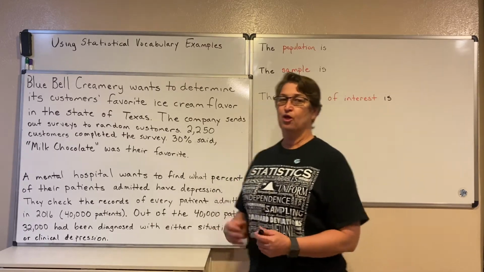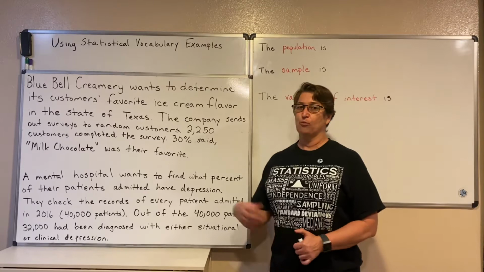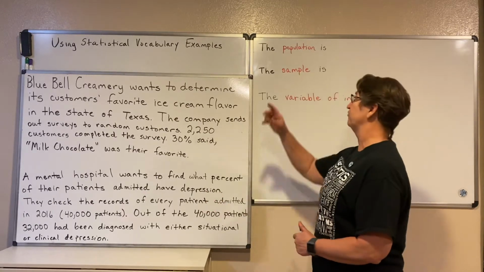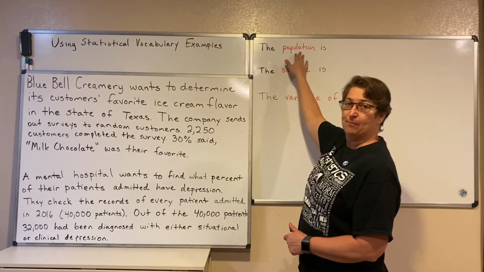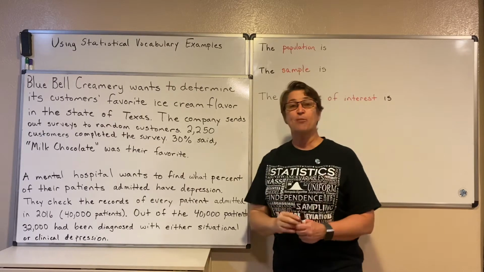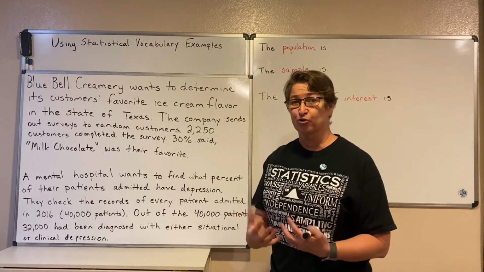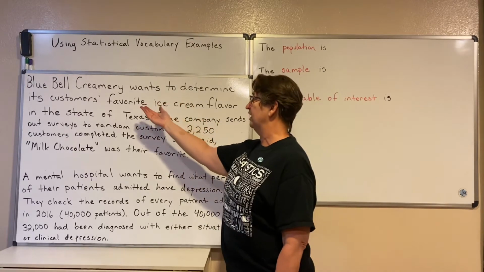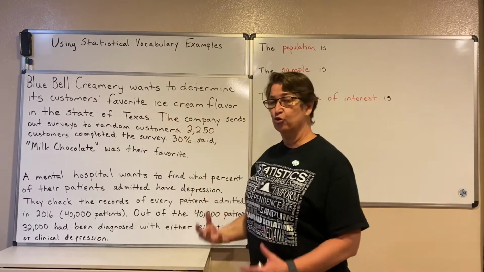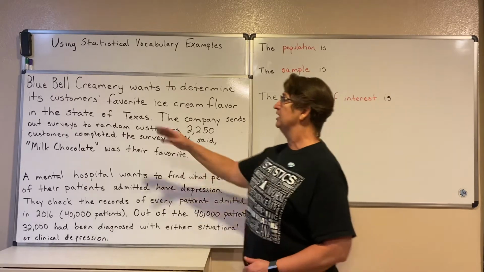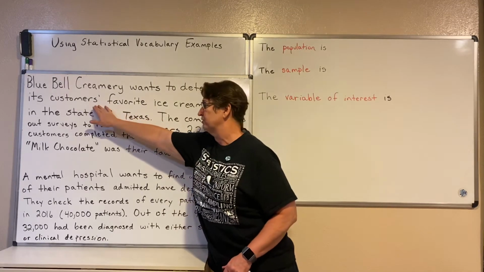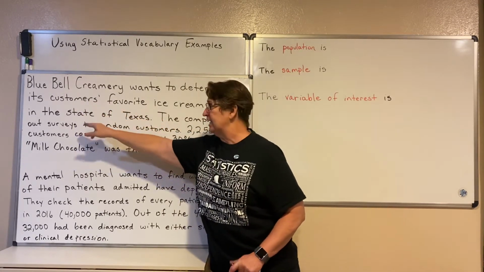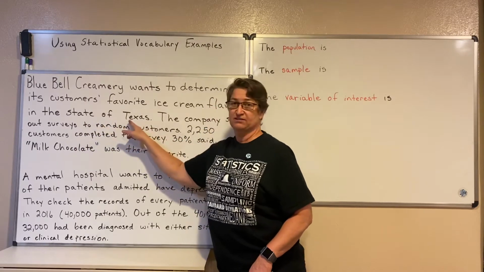So here's a scenario where Bluebell wants to find out from its customers in Texas about their favorite flavor of ice cream. The first vocabulary word that we talked about in previous videos was a population. Remember that the population is our entire group of interest. So in this case, the group that Bluebell Creamery is interested in is its customers, specifically in the state of Texas.